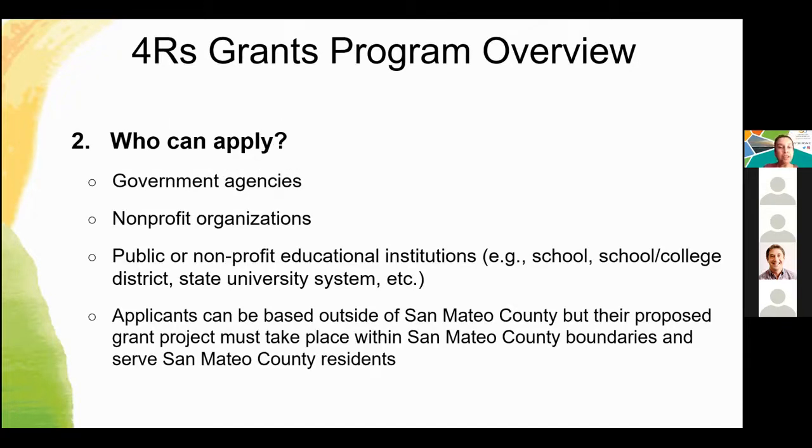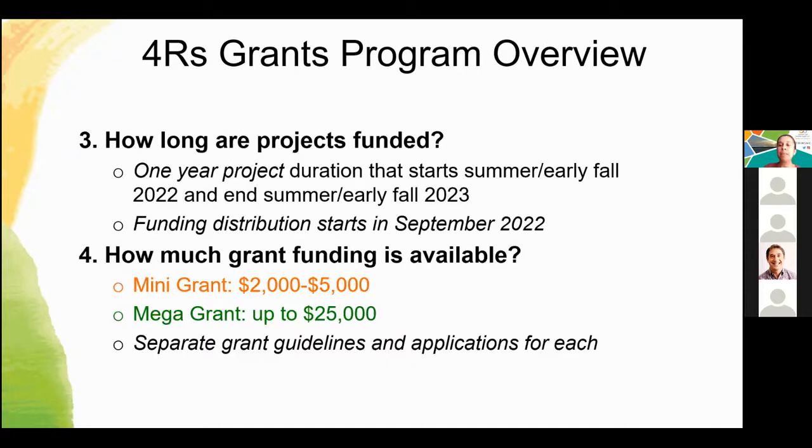Who can apply? Government agencies, nonprofit organizations, public or nonprofit educational institutions. Applicants can be based outside of San Mateo County, but their proposed grant project must take place within San Mateo County boundaries and serve San Mateo County residents. How long are projects funded?